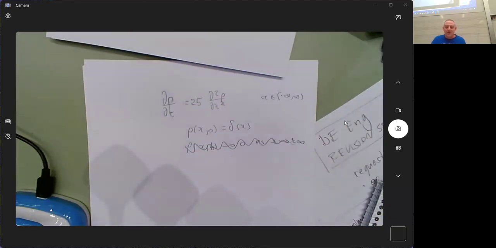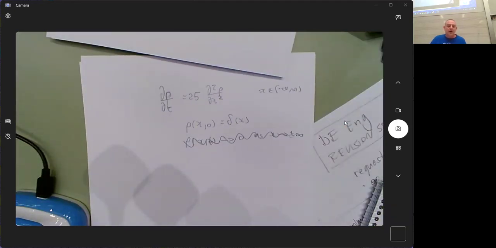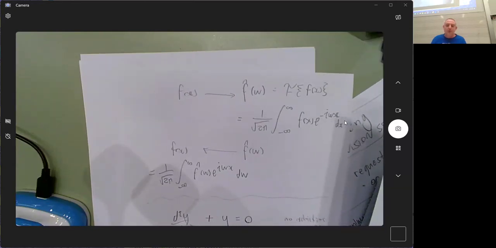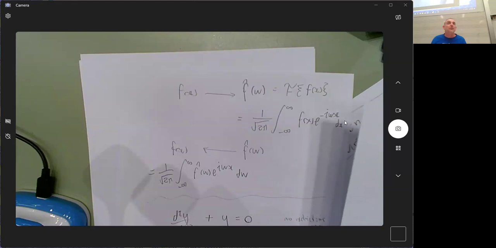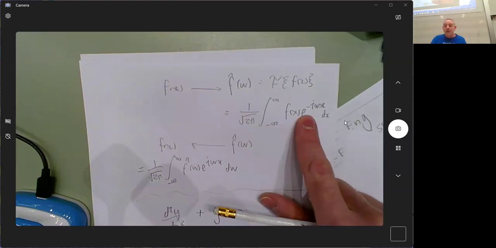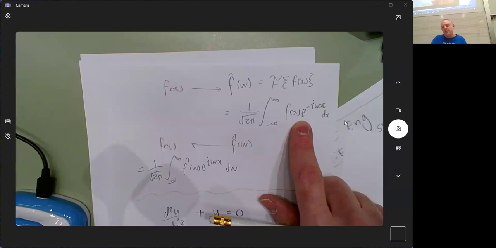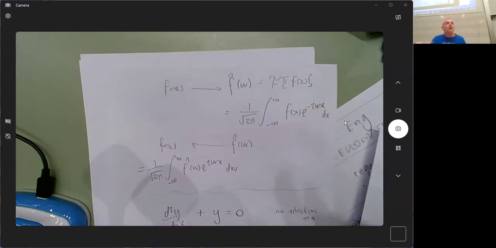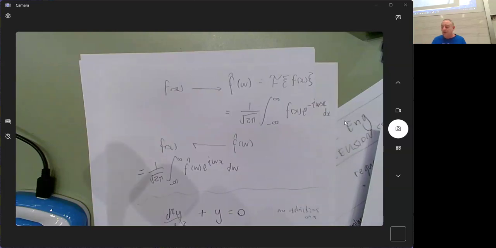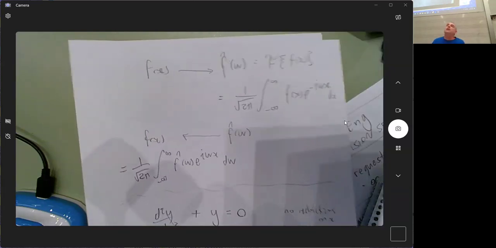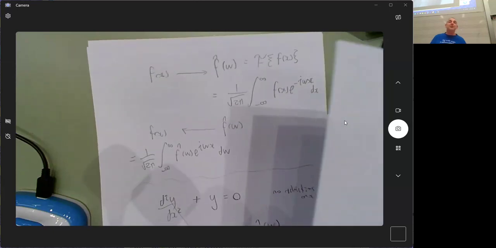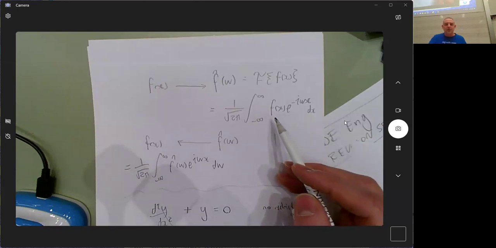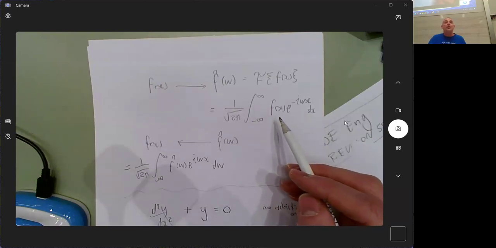So you have to have a function that goes to 0 when it goes to minus infinity or plus infinity. Or at least for this one, technically, you probably only need it to go to 0 when x goes to minus infinity, because the minus here will make it go to 0 on that side. So, okay, I understand a bit better about that. So, yeah, your question of doesn't it always work is no, it doesn't, but they'll give you situations where it will work.